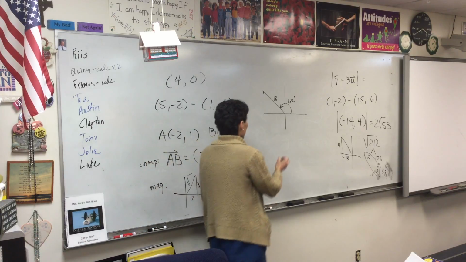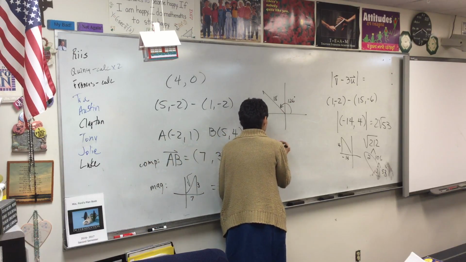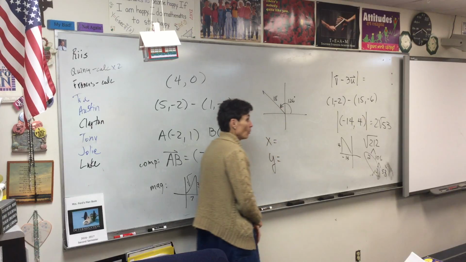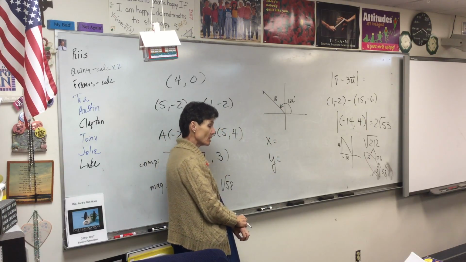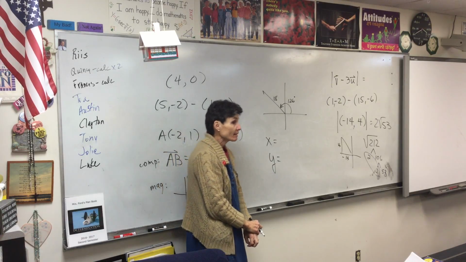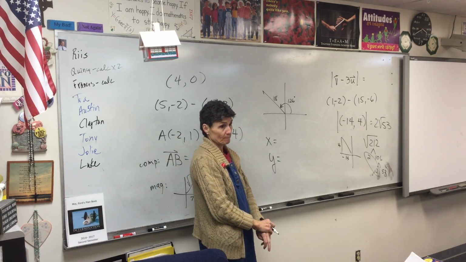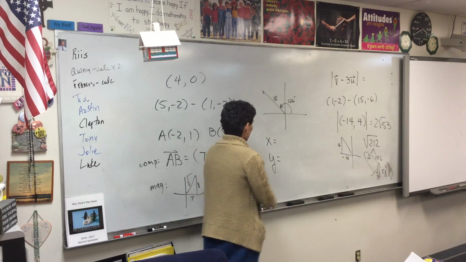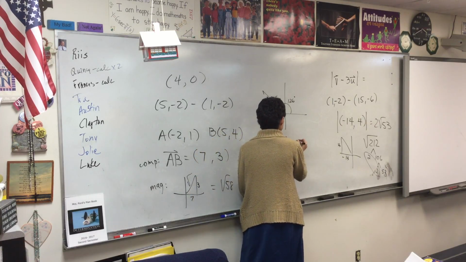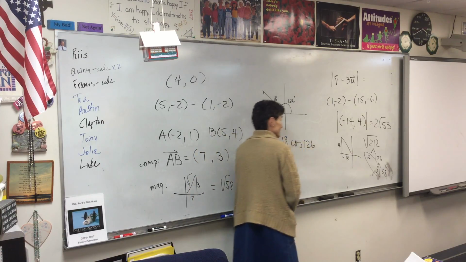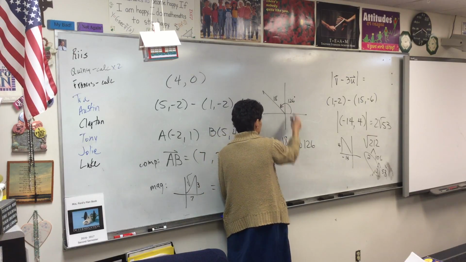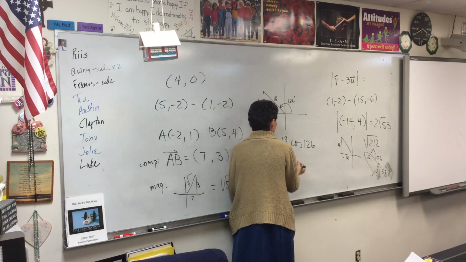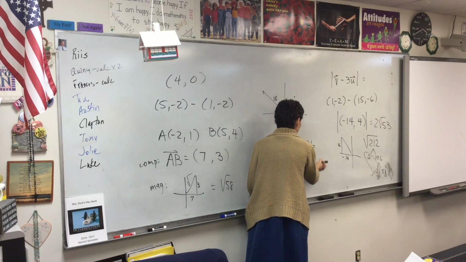Now, when angles are involved, how do we find x and y every time? We use sines and cosines. And for x, we always use cosine. So x is going to be 18 cosine 126, and y is going to be 18 sine 126.